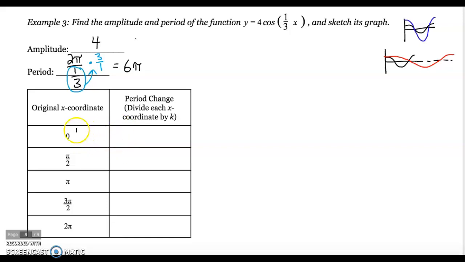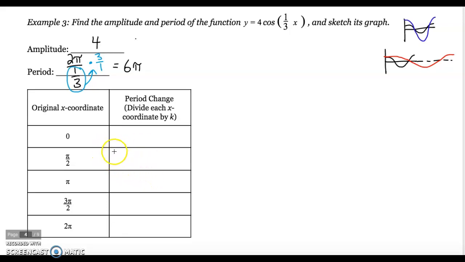Technically, what I'm going to be doing for each of these x-coordinates is dividing by 1/3, but I already know that will produce so many fractions inside of fractions. Like if I tried to do 0 divided by 1/3, automatically I have a fraction inside of a fraction.